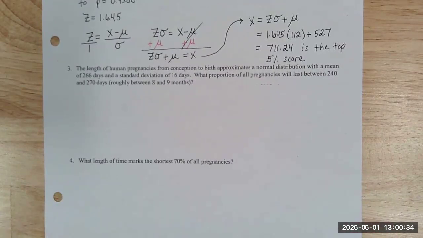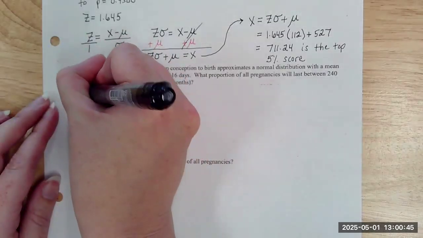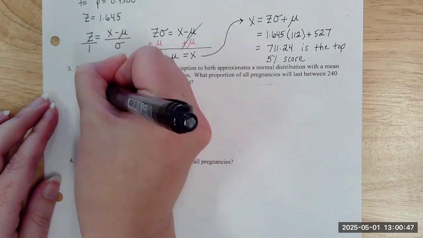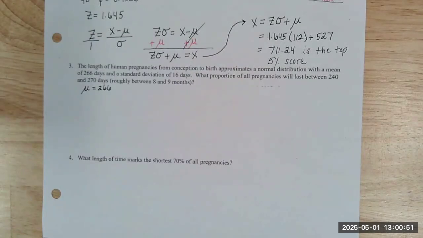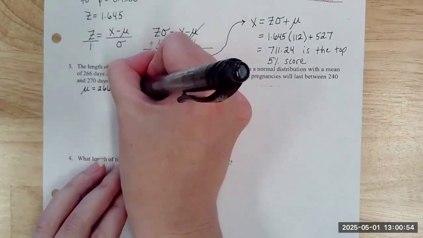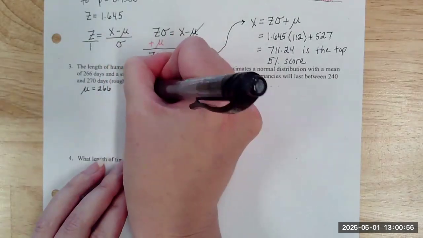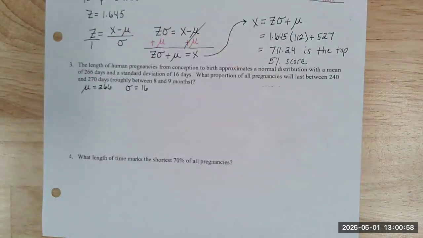The length of human pregnancies from conception to birth approximates a normal distribution with a mean of 266 days. So my mu is 266. And a standard deviation of 16 days. So my sigma is 16.